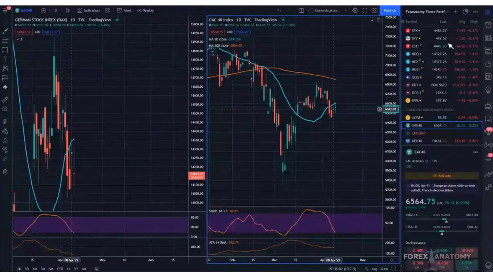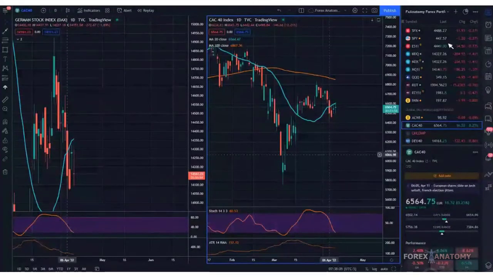But since we're on the CAC 40, which is our French stock index, I'm just going to briefly describe what happened overnight during the French presidential election. You guys know that it was pretty much tight. The French presidential election happens every 5 years, so it was going to be interesting to see what was going to take place.